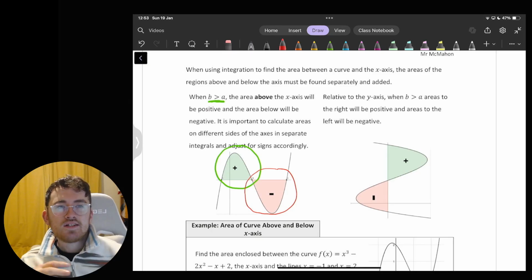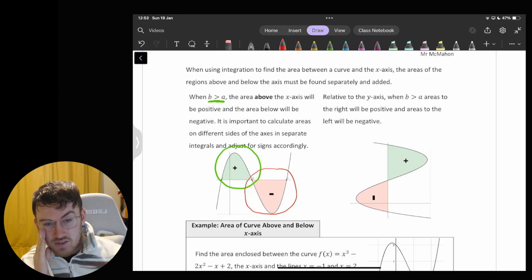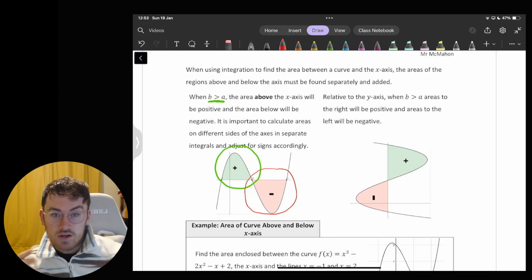Where this becomes particularly important is when we're looking at curves that go above and below the axis. Looking at these curves here, a cubic curve is a prime example. If I want to find the area that's bounded between the curve and the axes, and I have regions above and below, I need to separate those areas, because if I don't, the calculations are going to affect each other.